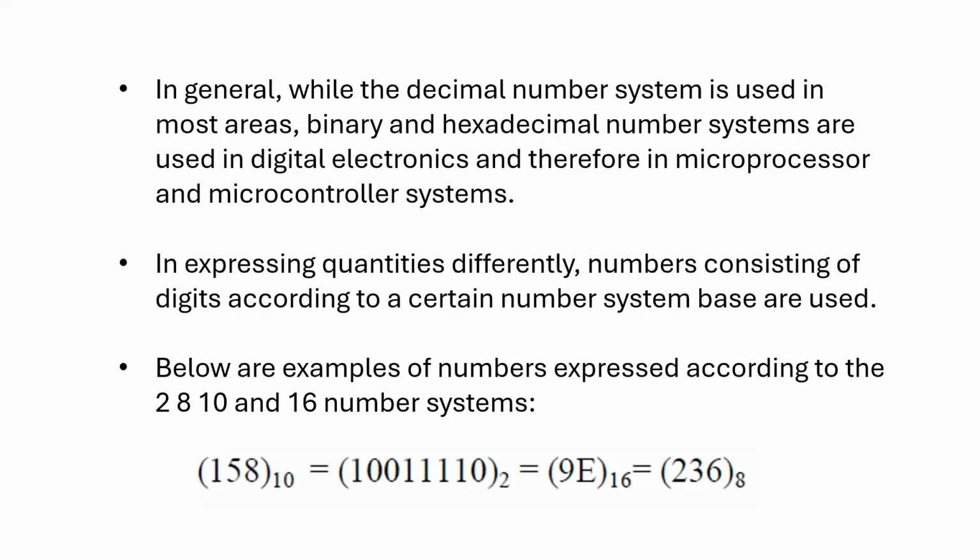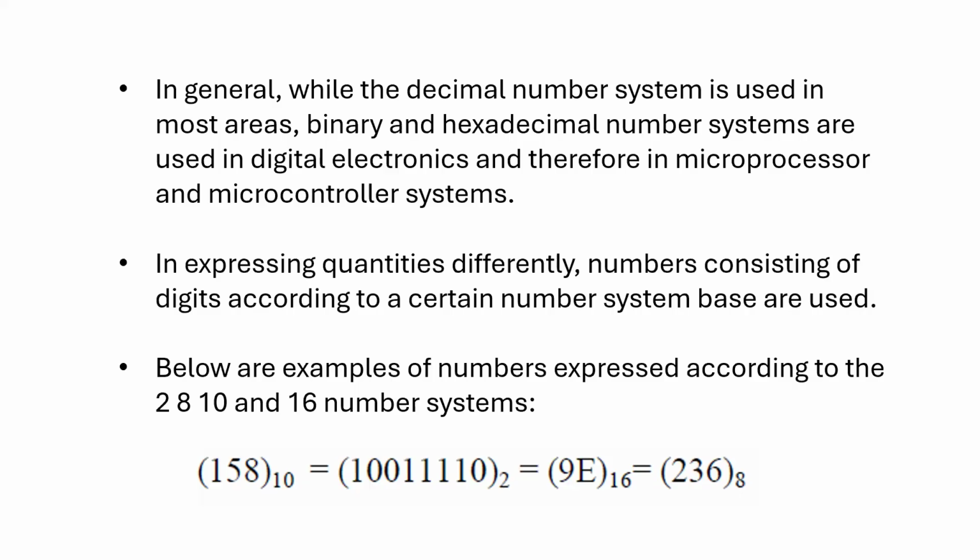In general, while the decimal number system is used in most areas, binary and hexadecimal number systems are used in digital electronics, and therefore in the processor and microcontroller. If you have an electronic device, we are using this binary system in the background of the system, right?